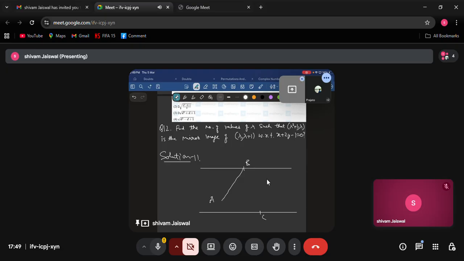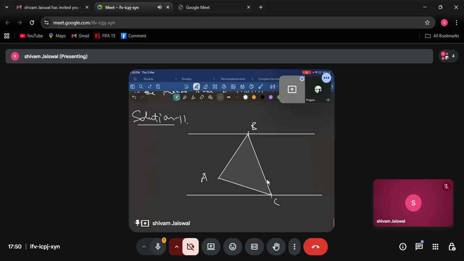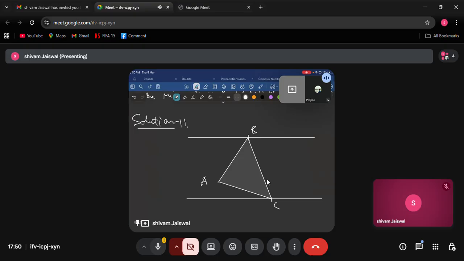This ABC is an equilateral triangle. Are you getting it? Now we need to find out the side of the equilateral triangle. Let us start.